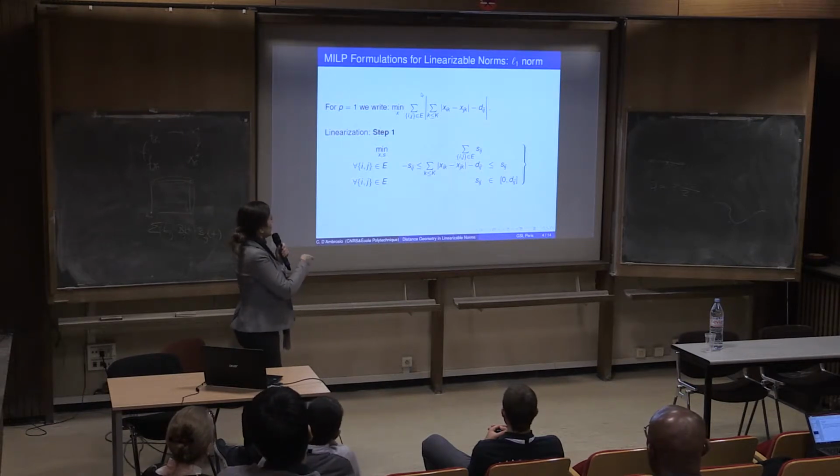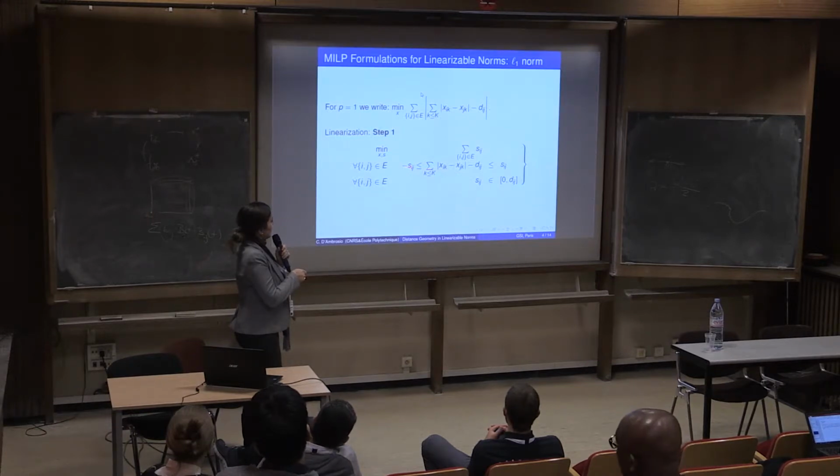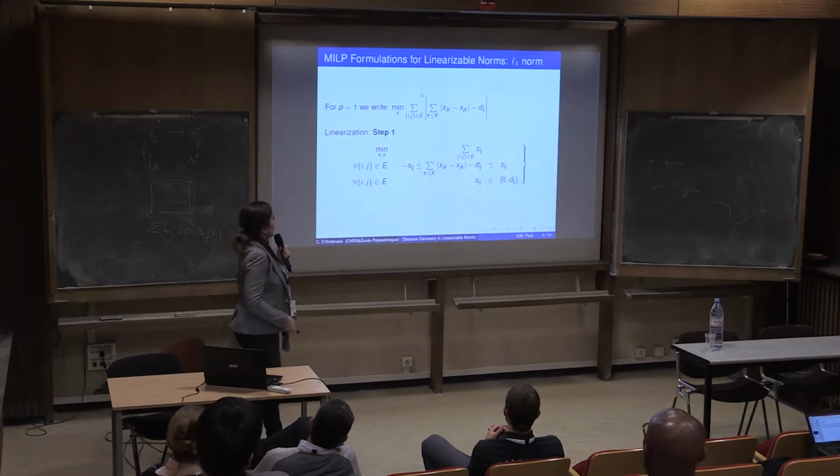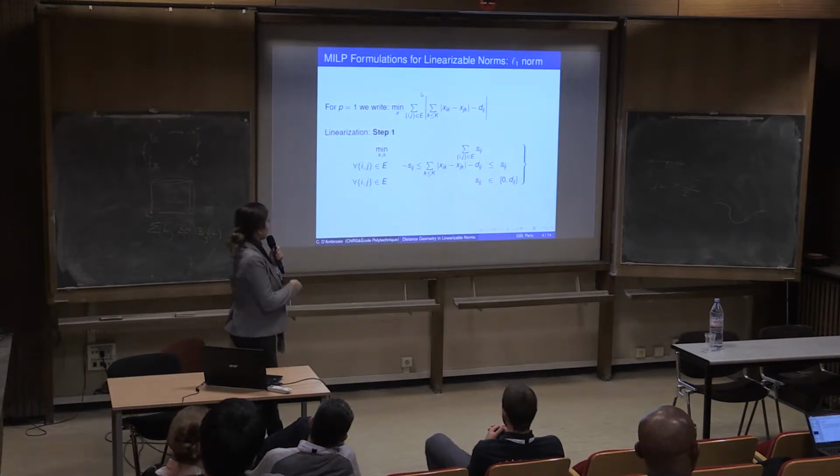At this point, we minimize the sum of Sij over the edge set, and rewrite the problem by putting Sij on the left-hand side and right-hand side, which gives exactly the same problem. This can be done with just these constraints because we are minimizing: at the global optimum, Sij will end up making one of the two inequalities tight.